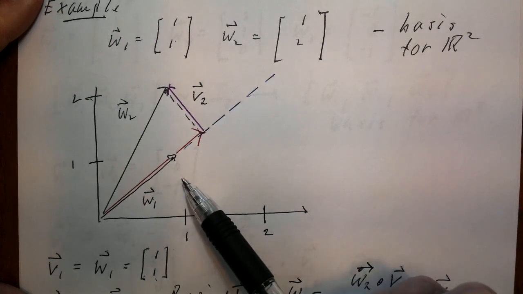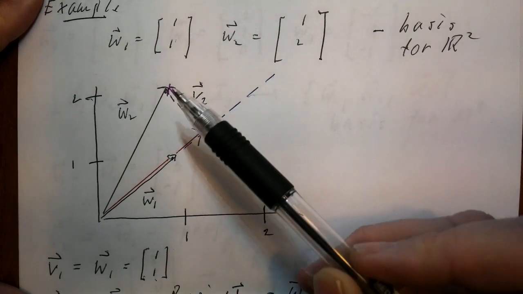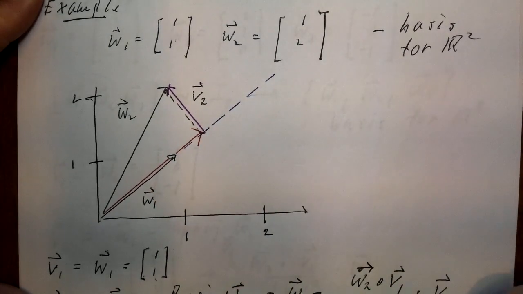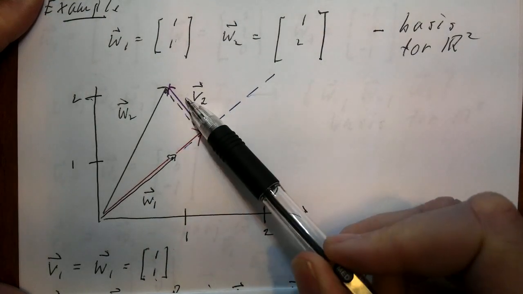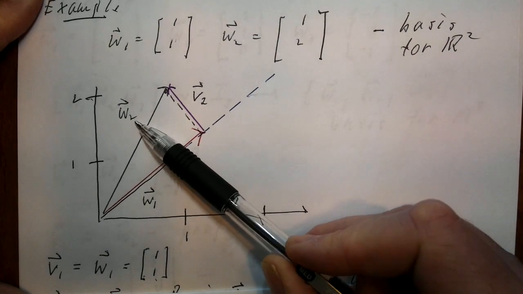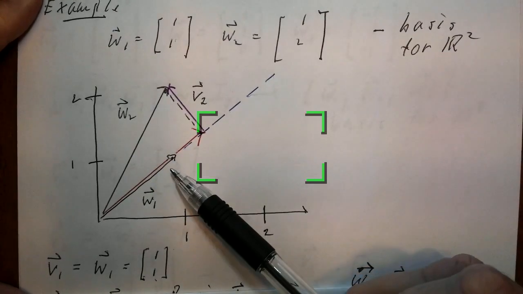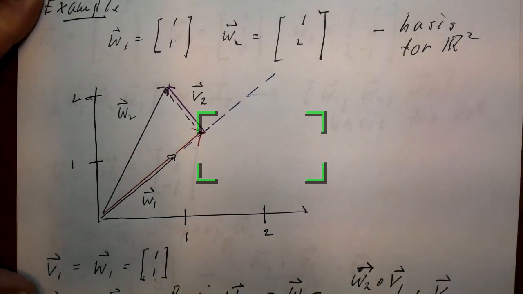Now, what we want is a vector that's perpendicular to W1. A convenient vector to use would be this vector V2. This vector V2 has the property that if I draw the line through W1, this is perpendicular to that line. And we know from preceding discussions that if we take the projection of W2 onto W1 and subtract that projection from W2, we get this vector right here.